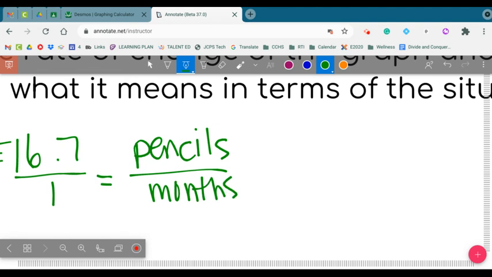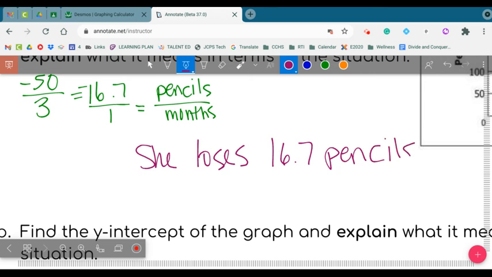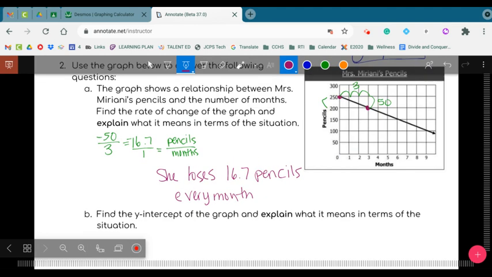So what does this mean? It means since it's negative, she loses 16.7 pencils every month. So you're telling me per every month or per every day or week how much she's going down or up by. What's the y-intercept? The y-intercept is 250.